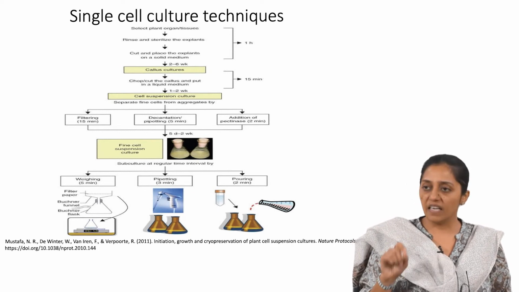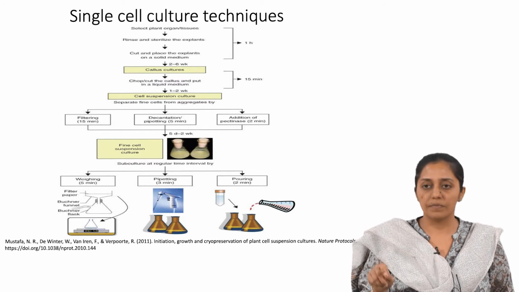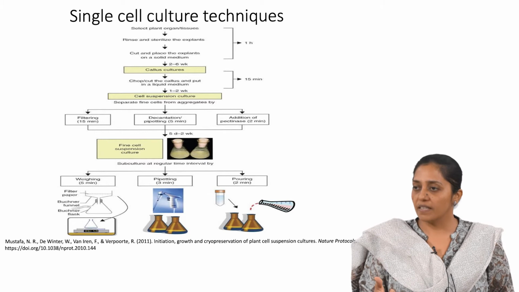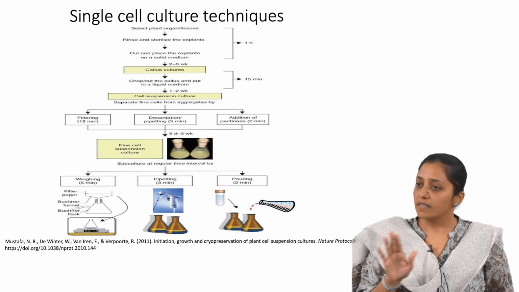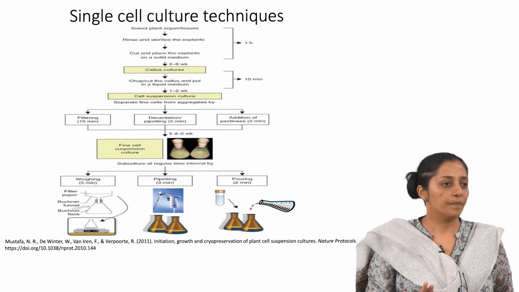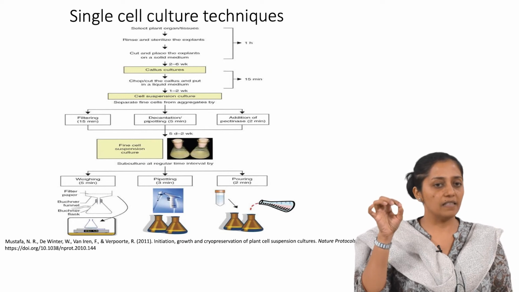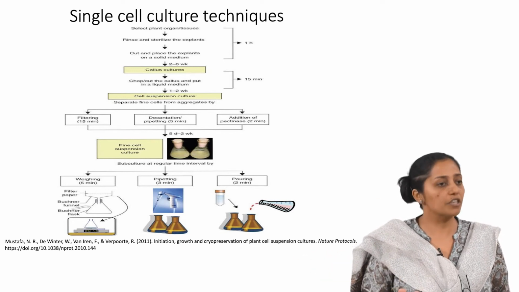Now, what is key here is that as you do in fermentation of microbes, inoculum age and inoculum size have a role to play in your growth and production kinetics. The same is true here. It is not that if you directly take the cells, they will start dividing. It depends on the conditions, it depends on the production medium.